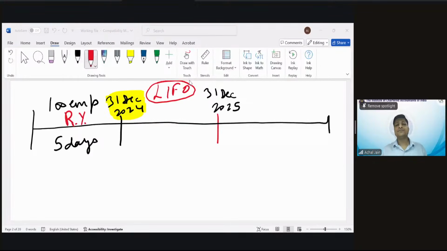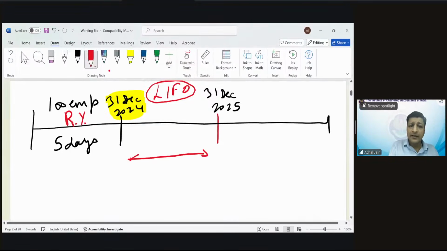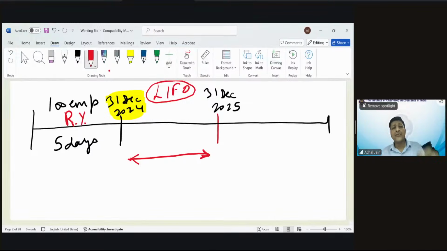Right. So now, policy says next year. So we are talking about this year now. When the leaves are availed, so what will happen? First of all, leaves will be availed from the current year's entitlement. So next year again, employee will have an entitlement of 5 days. Each year employee will get 5 days.